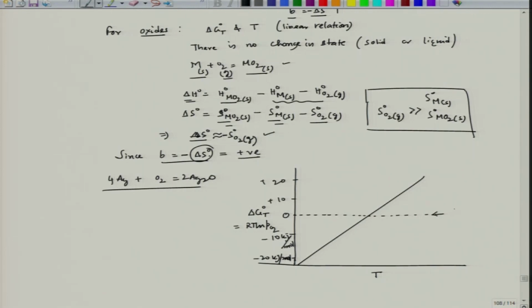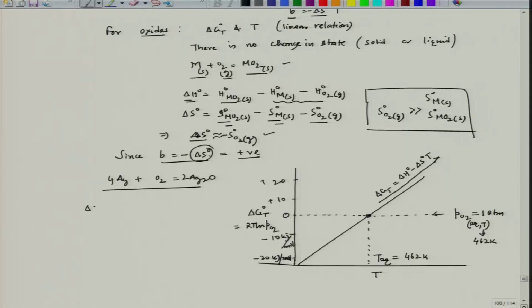This value indicates PO2 to be 1 atmosphere, and this point is the equilibrium temperature, T equilibrium, which here is 462 Kelvin. Wherever the del G T line cuts, that point belongs to PO2 equilibrium at that temperature, so this temperature I can write as 462 Kelvin.